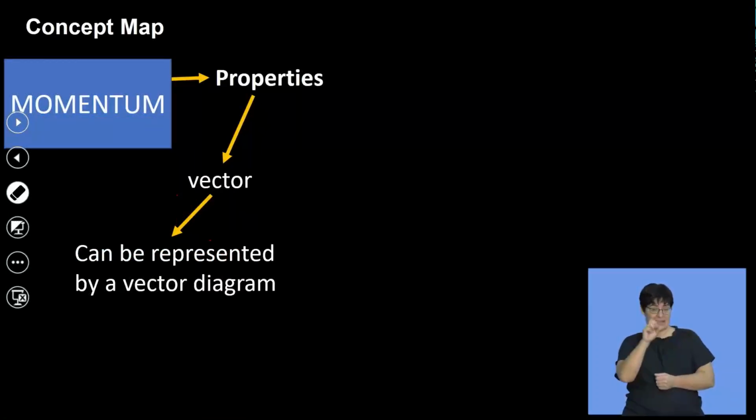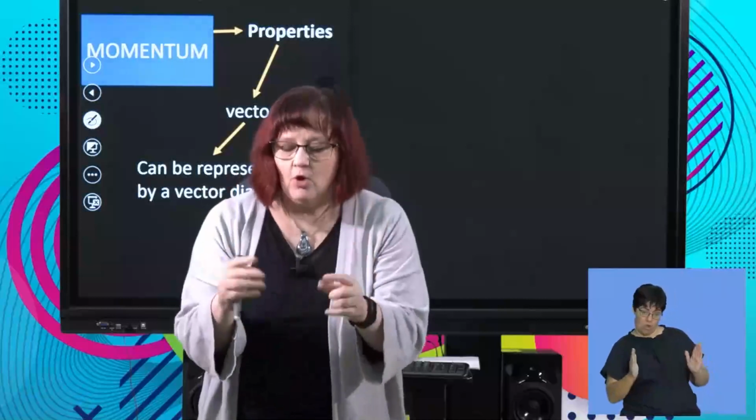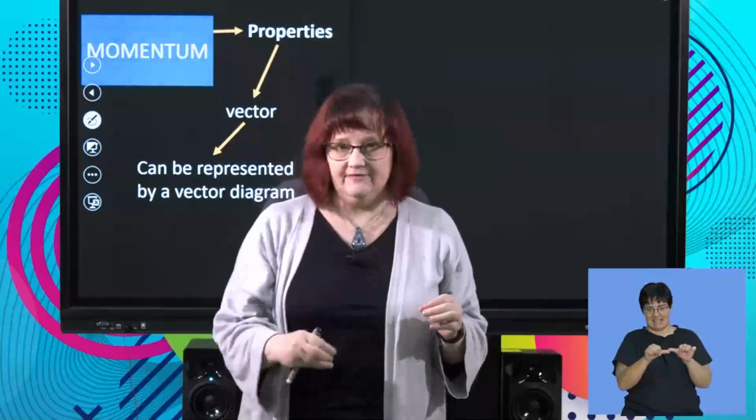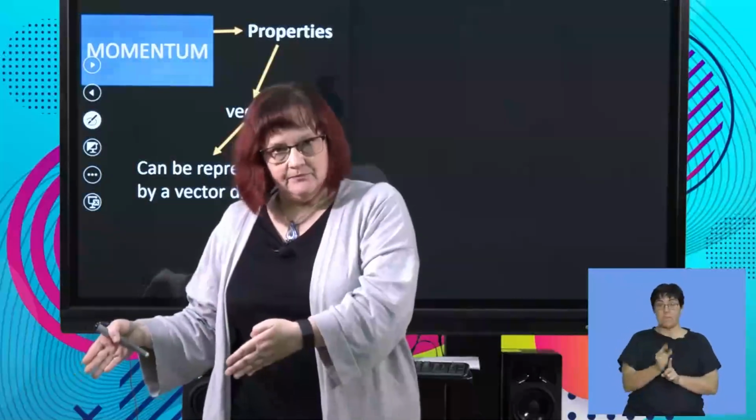Because it's a vector, it can be represented by a vector diagram. So we have to remember what a vector diagram means, okay? A vector diagram is an arrow. It's an arrow of a specific length, where the length of the arrow gives me the size of the vector, and the arrowhead shows me the direction it's moving in, okay?